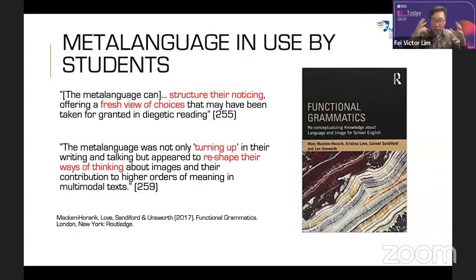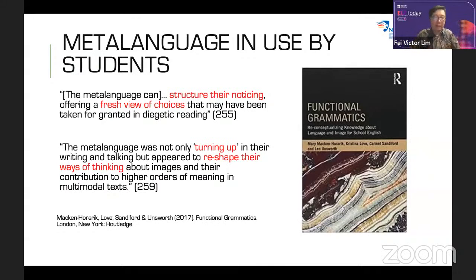So the meta-language was used to guide them to notice various choices that have been made in the text. It was also turning up in their writing and talking, and reshaping the way they had been thinking about images and how these images contribute to higher-order meanings in multimodal text.